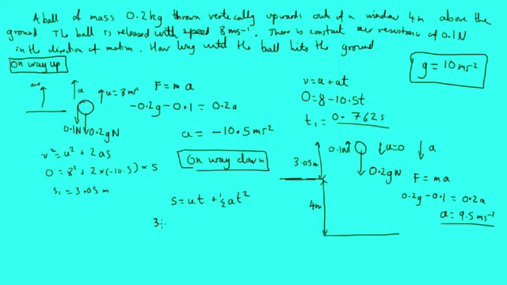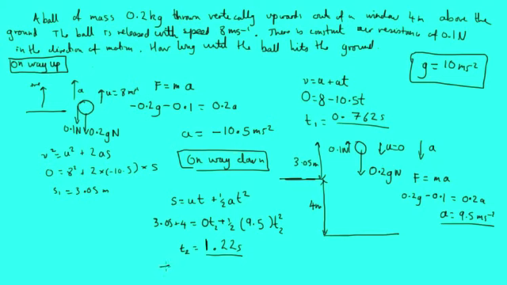So you're going to have 3.05 plus 4 is equal to 0t plus a half 9.5 t squared. And we'll go with t2 just so that we know this is the second half of the motion. Rearranging all of that, we will get t2 is equal to 1.22 seconds. So from the top here down to the ground, 1.22 seconds.